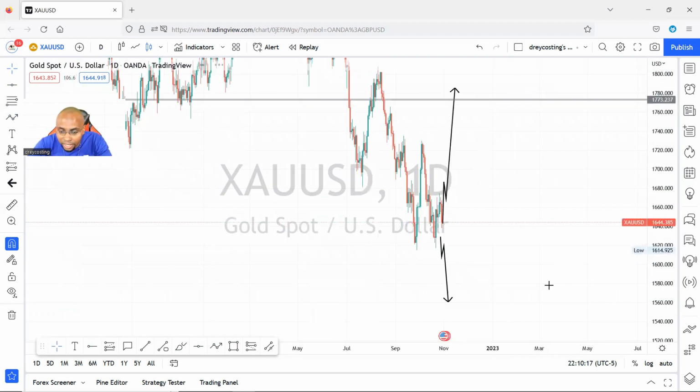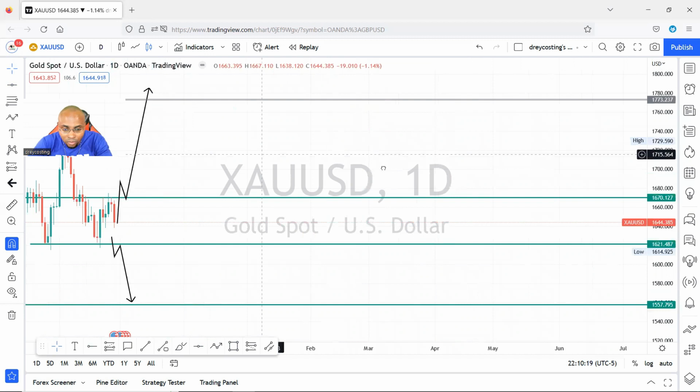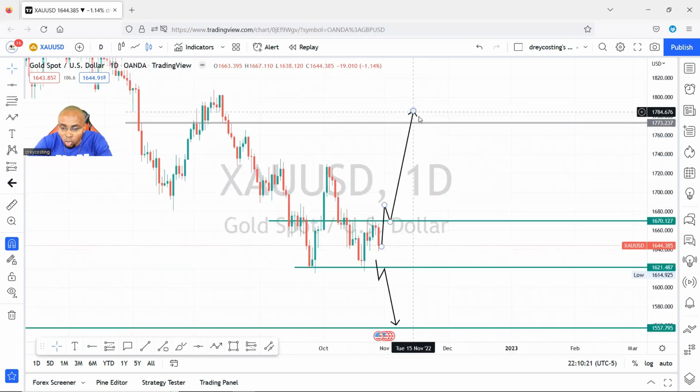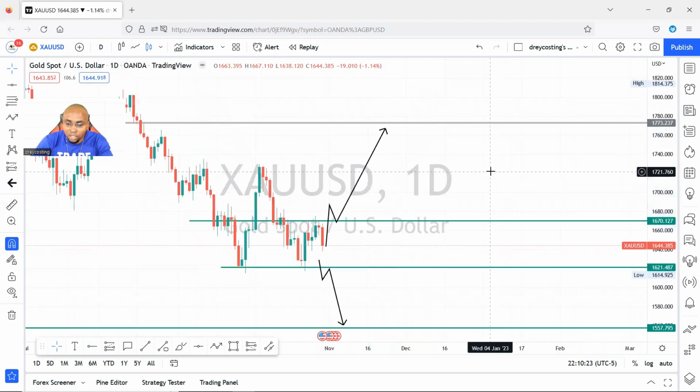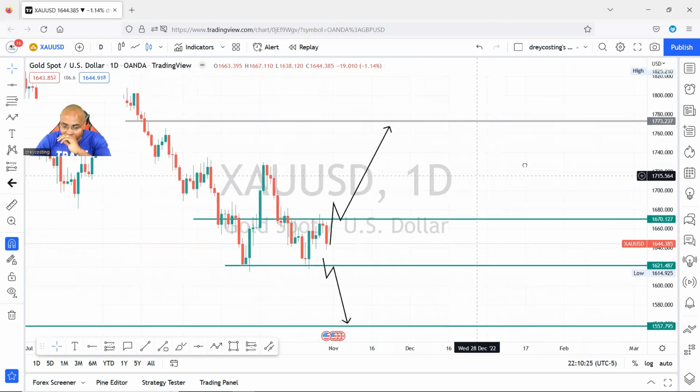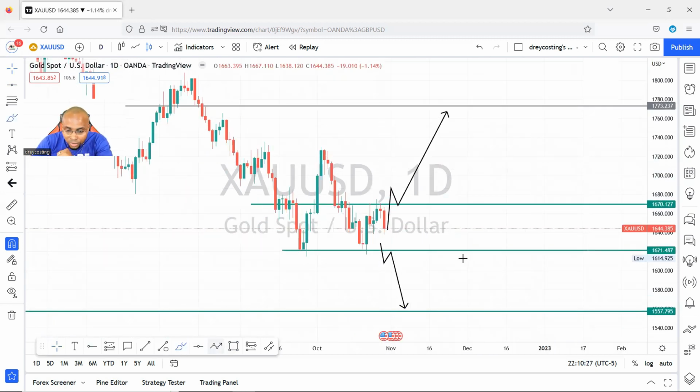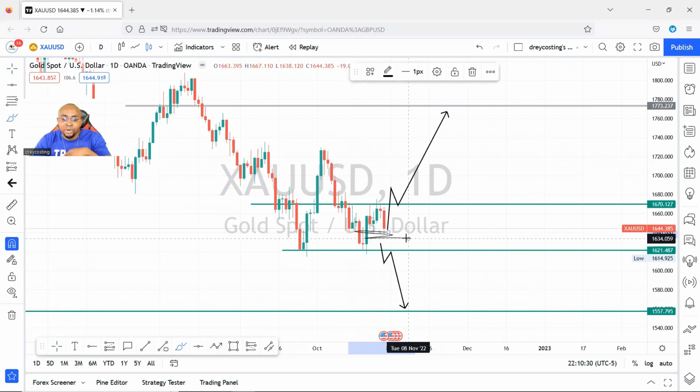So if you see on the daily right here, the reason why I'm going with this option of being patient and just reacting to price, not predicting price, is because though we are having a higher maintenance level right here, we're showing that price has created a higher low right here, and that says somewhat that you should go for the buy option.